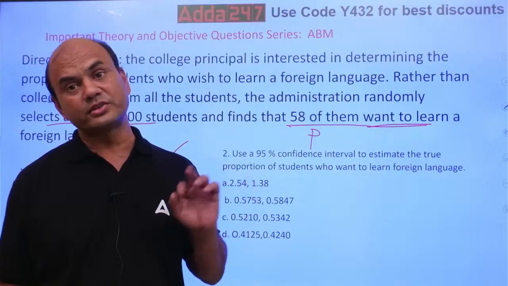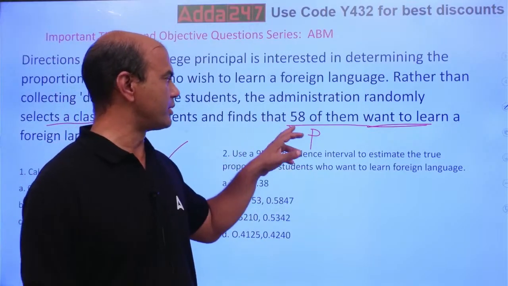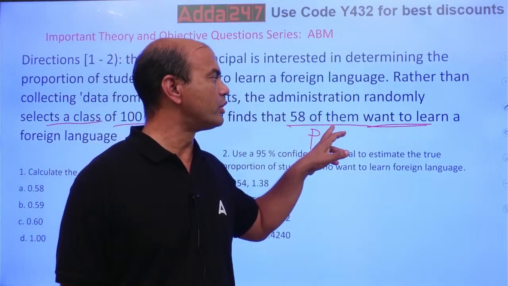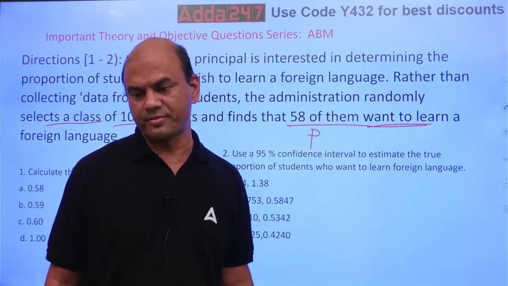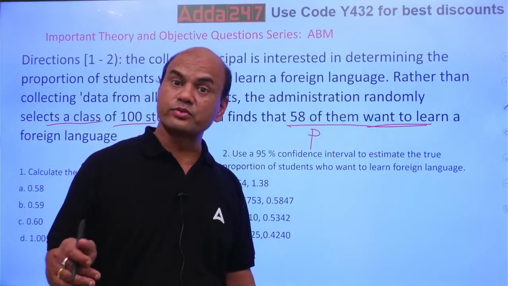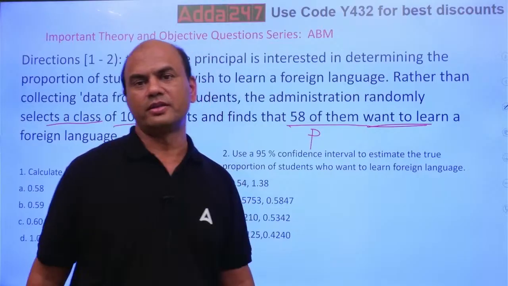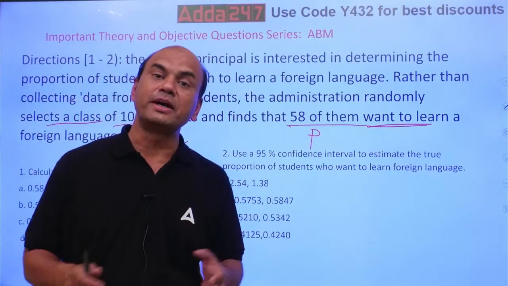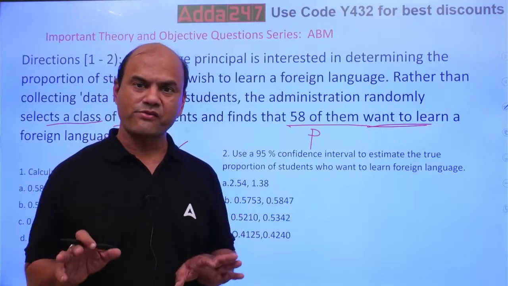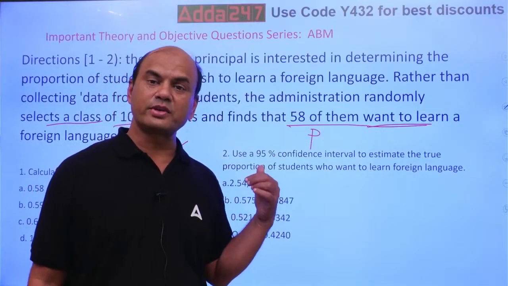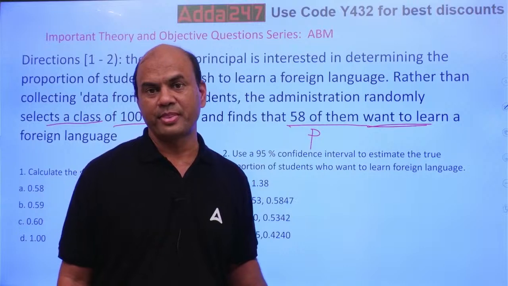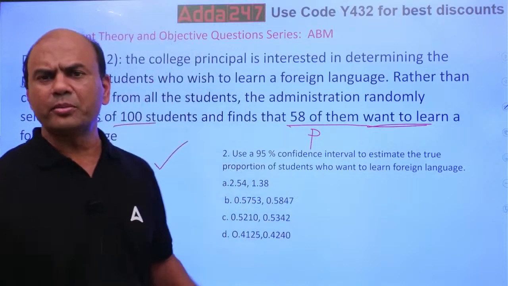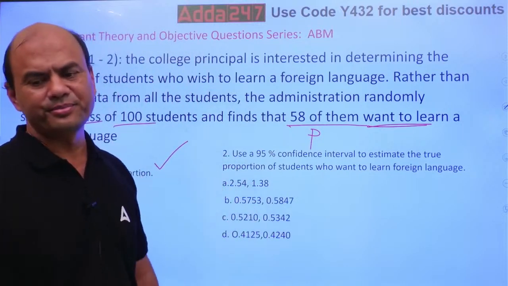Now if they had asked who doesn't want to learn, if the question would have been 58 of them do not want to learn, then the success would have been who do not want to learn. So success doesn't depend on what you think. Passing is success? No. What is required in the question is success. And importantly, how many results are possible over here?